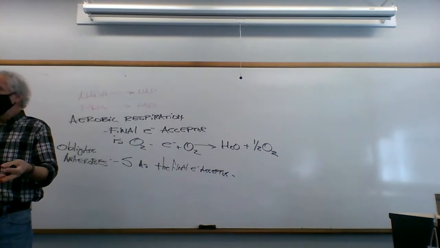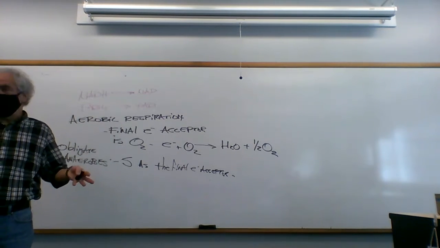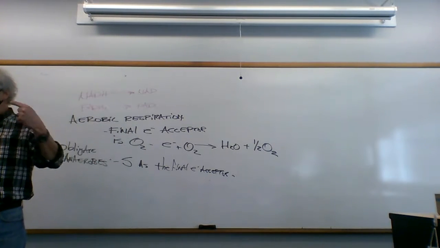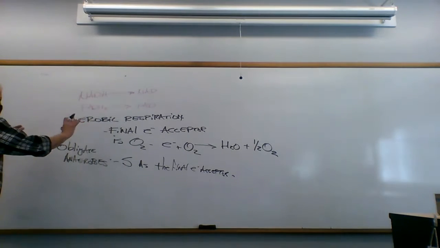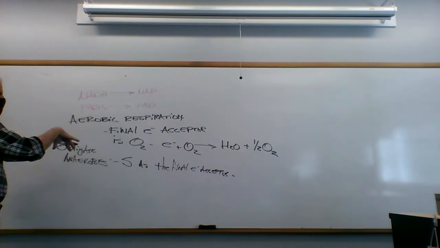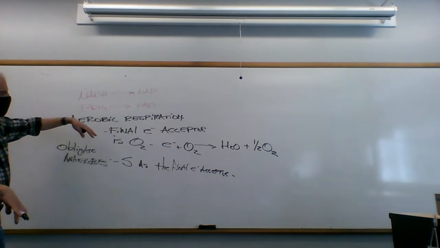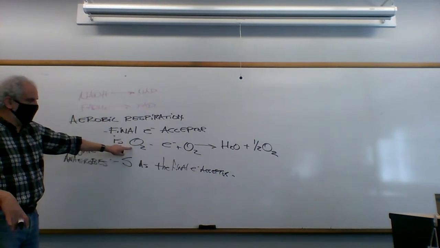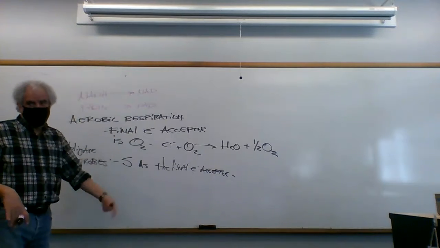In the eukaryotic world, that just didn't happen. There is nobody you're going to look at that is a multicellular organism using anything other than oxygen as the final electron acceptor. So when we talk about aerobic versus anaerobic respiration, aerobic respiration is using oxygen as the final electron acceptor. Anaerobic respiration is using something else.